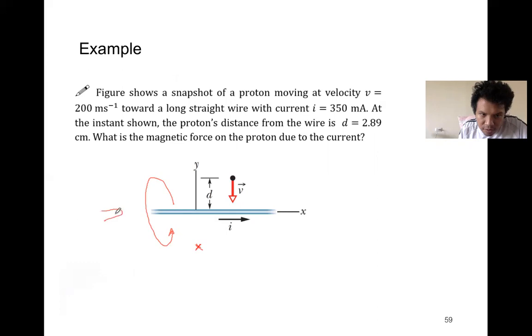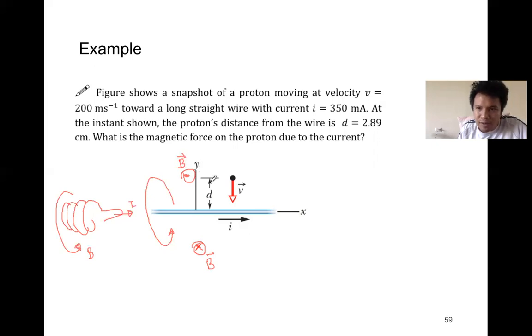So the thumb is the current, and the other fingers are the magnetic field. At this position, the magnetic field will be coming into the page, the screen. But considering the upward position, or the plus y direction, the magnetic field will have the direction coming out from the page.